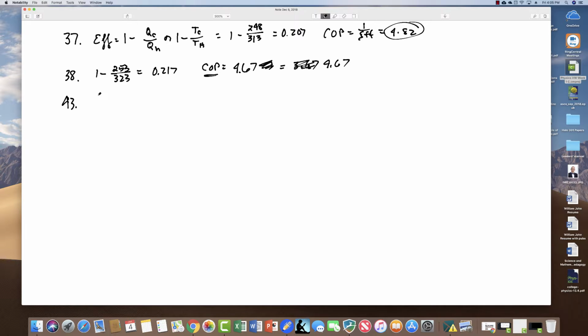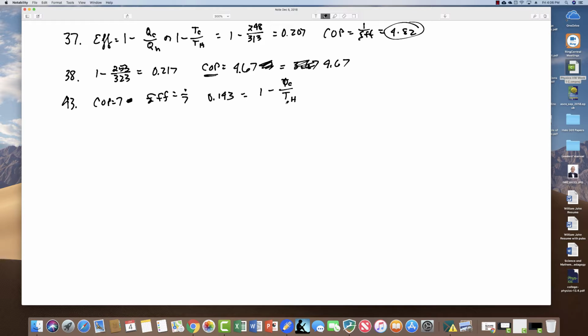Now 43 tells you that suppose you want to operate an ideal refrigerator with a cold temperature of minus 10, and you would like to have the coefficient of performance at 7, what would the other have to be? Well, if the coefficient of performance is 7, then the efficiency is 1 over 7, or 0.143, which is going to equal 1 minus TC over TH.